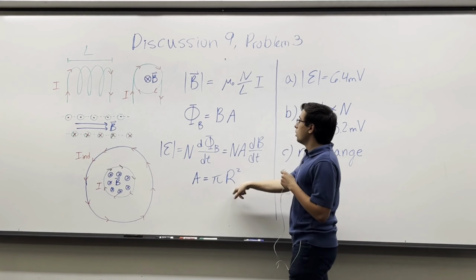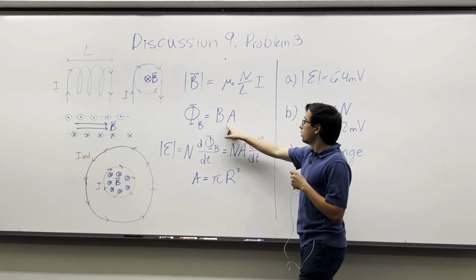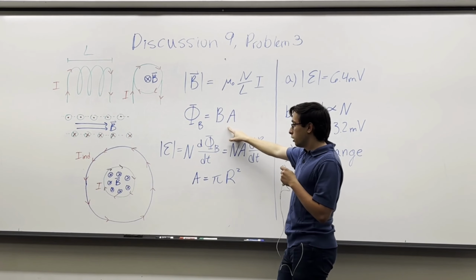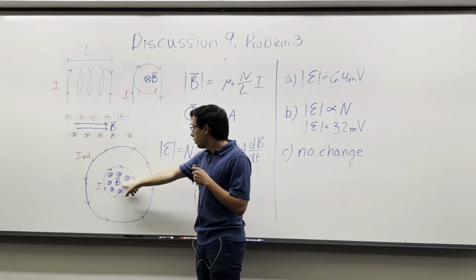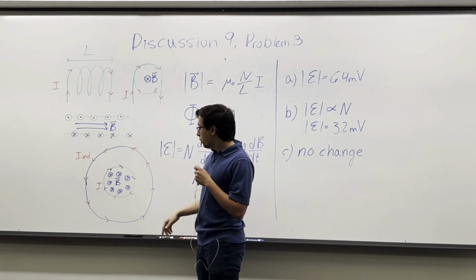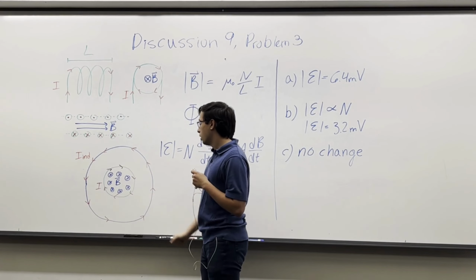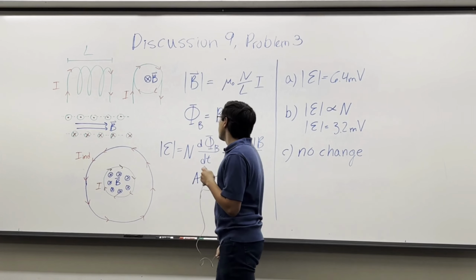And normally you would have to consider a dot product here. You may have seen B vector dot A vector, but we are taking advantage of the fact that our B field is perfectly normal to our area, to our surface, which is the whiteboard, essentially.